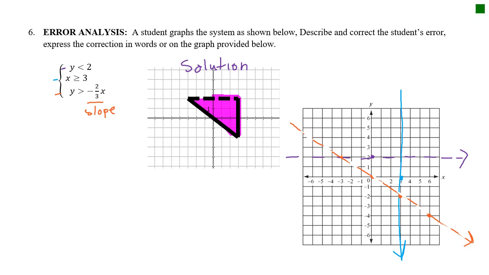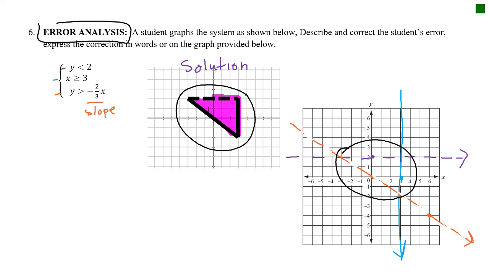Now, what you're focusing on is the little triangle they give you. This little triangle is right here. Based on the line, there are two ways to have an error analysis: if they drew the wrong line, that's option 1, or option 2, they shaded it wrong.